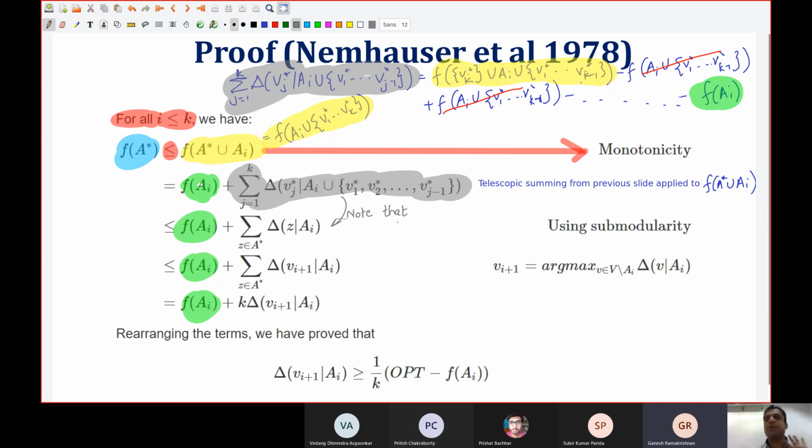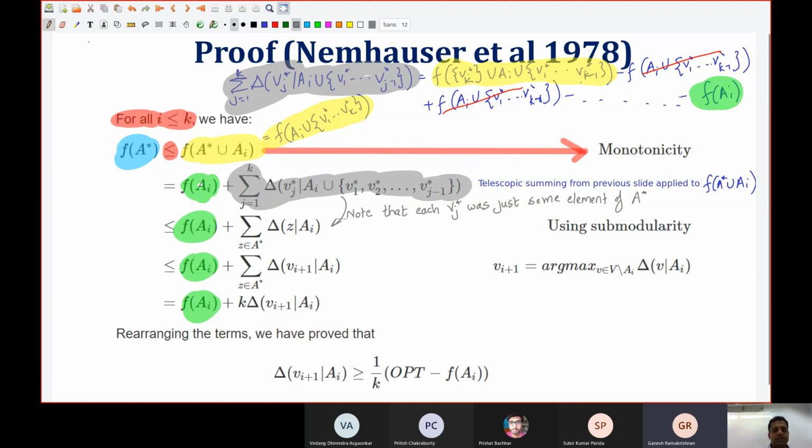I don't mind going slow on this. Note that each v_j star was just some element of A star. There was no real ordering between the elements of A star.